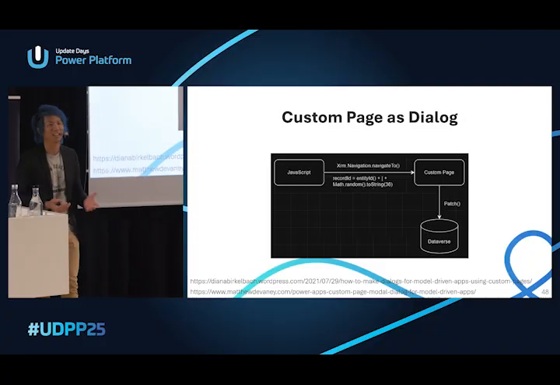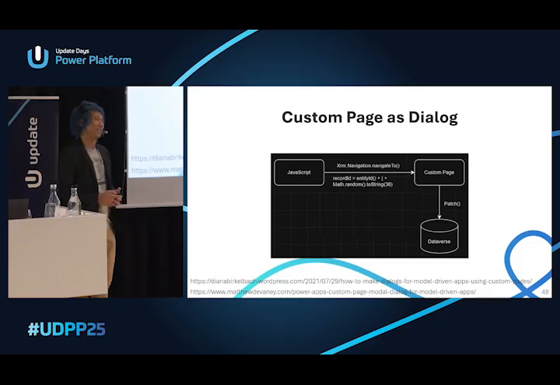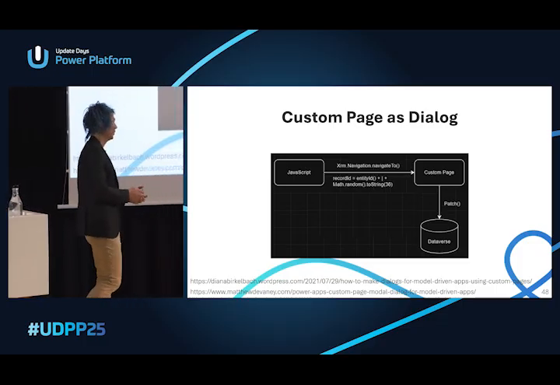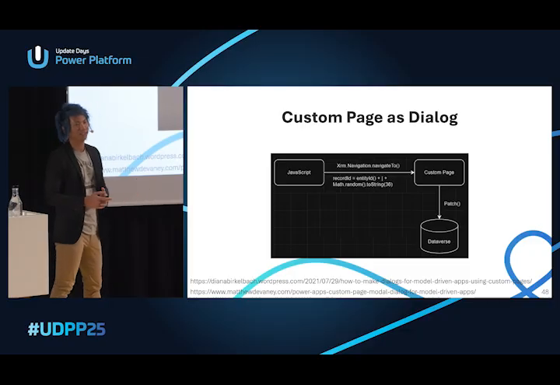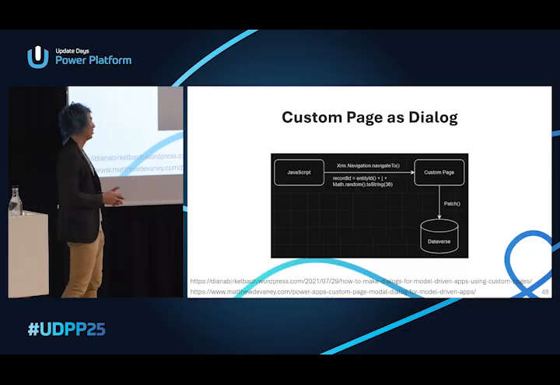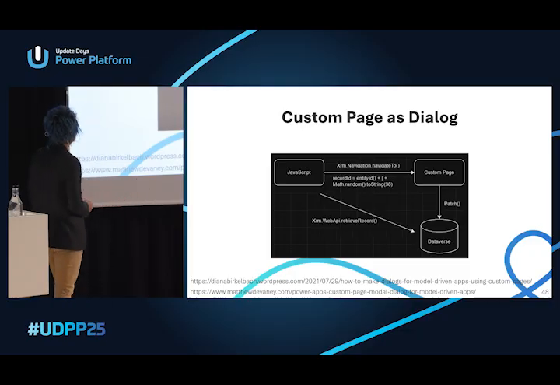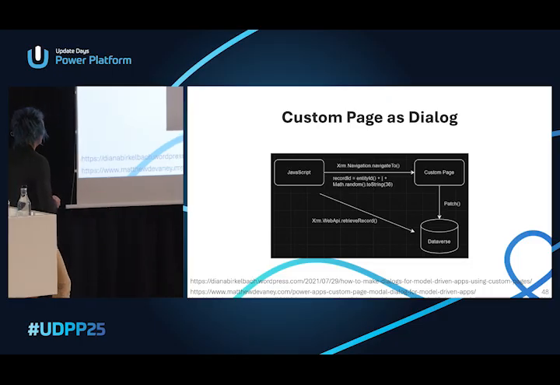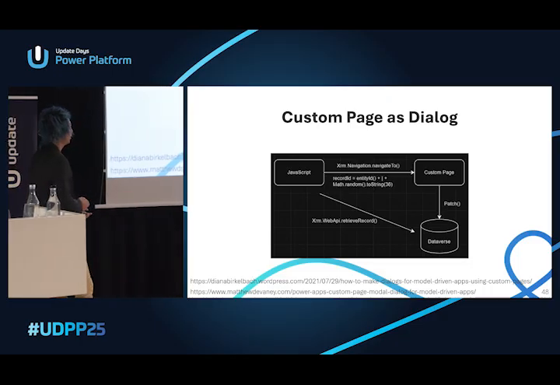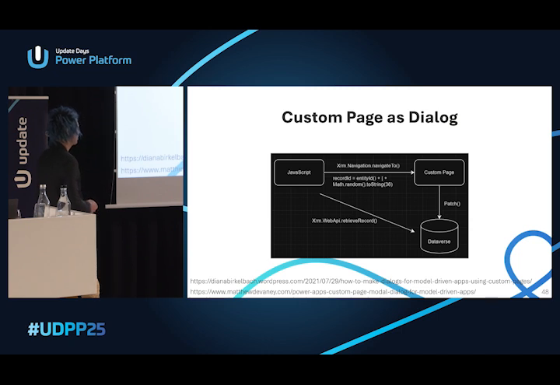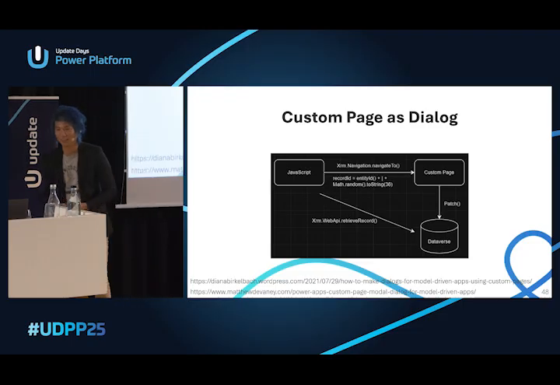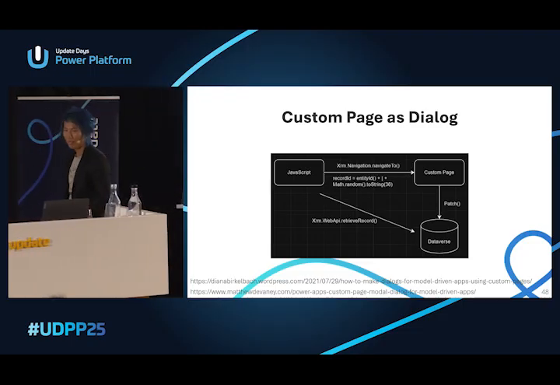This is an ugly workaround, but otherwise we would have to build the dialog functionality from scratch. So this is a quick workaround. And at the end, once the dialog is closed, the JavaScript will go and retrieve that data record based on this unique identifier and just do the different process.